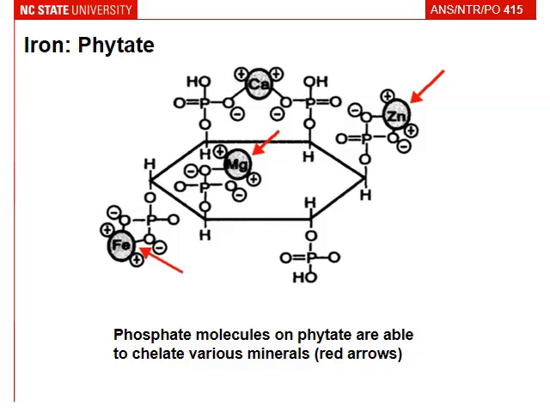So we have zinc, calcium, magnesium, and iron can all be bound to the phytic acid molecule, and then that decreases the bioavailability because once the phytic acid binds these minerals, it precipitates out and you're no longer able to absorb it, and it can't get into the unstirred water layer.